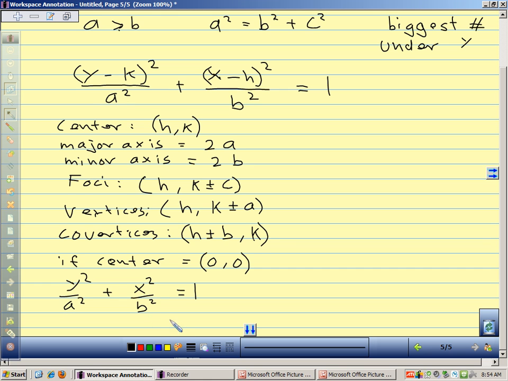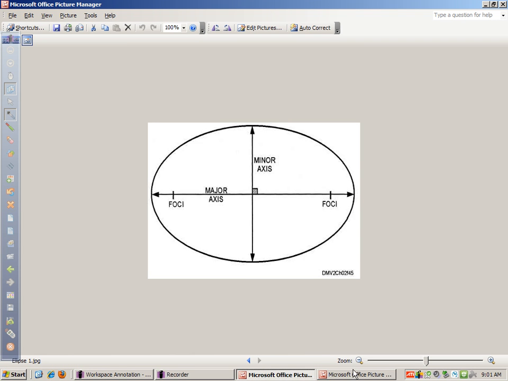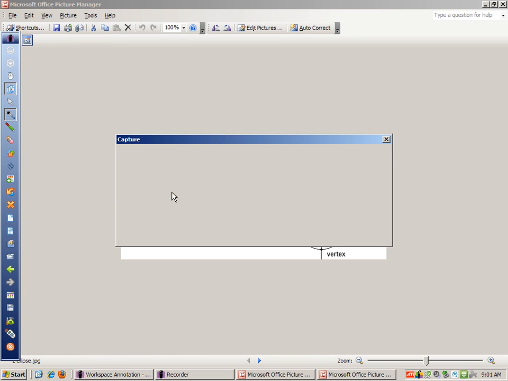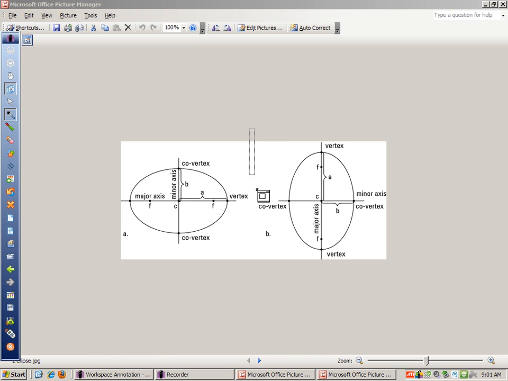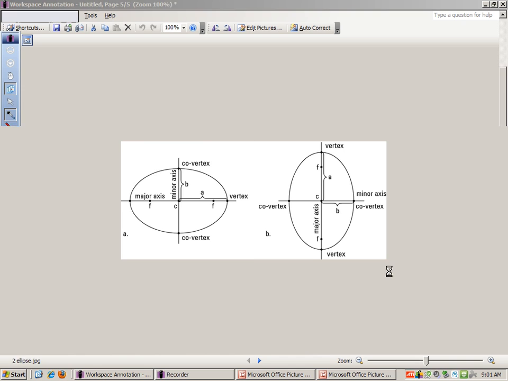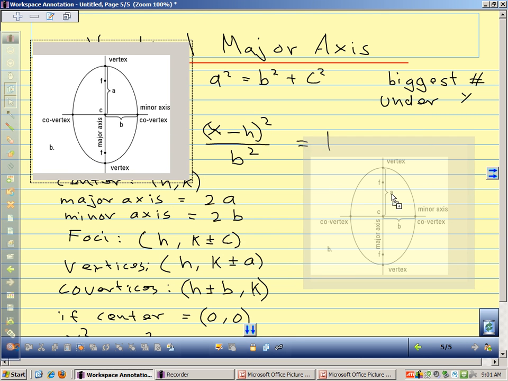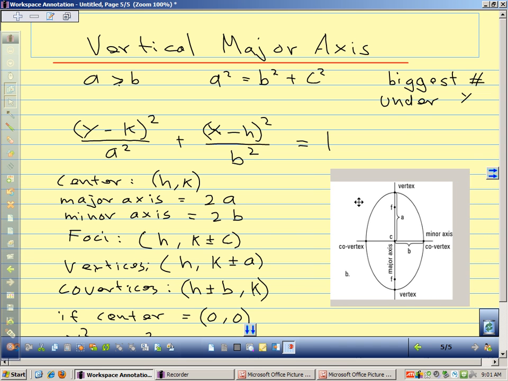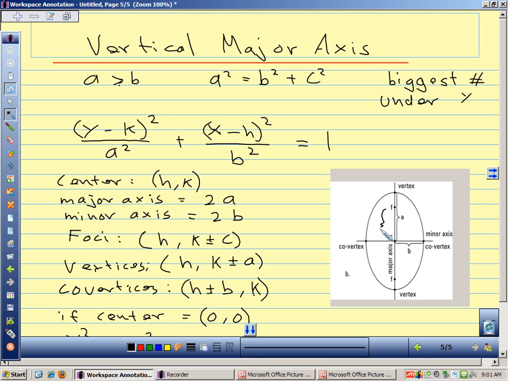And let me put a picture in here for a vertical major axis. So there's our vertical major axis, and again, the distance from the center to the focus is c.